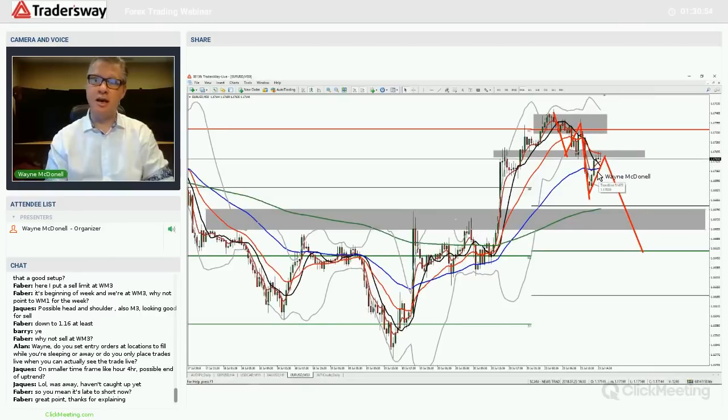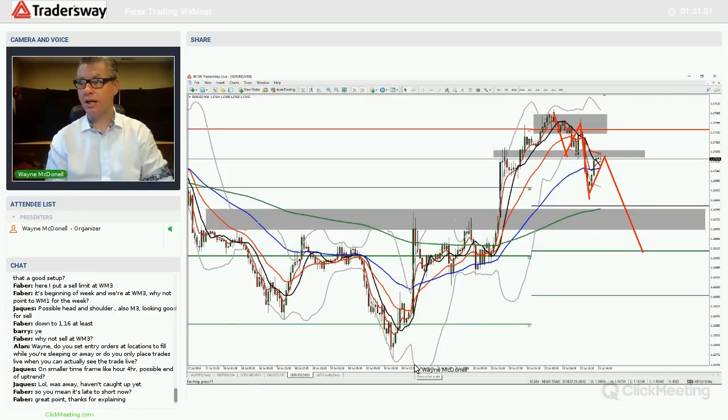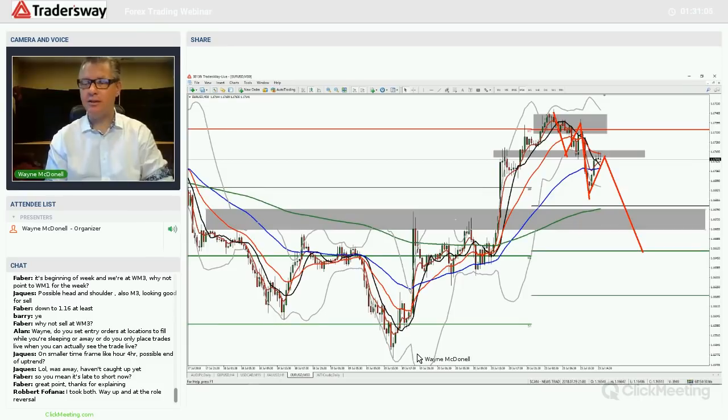But if you're just getting in it now, you're very, very late. Okay. So it's not too late. You just have to realize that there are people that are beating you. So Robert's already got both, right? Robert's beaten, maybe not pip wise, but game wise, right?